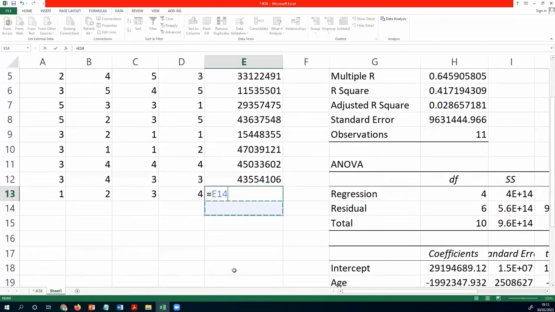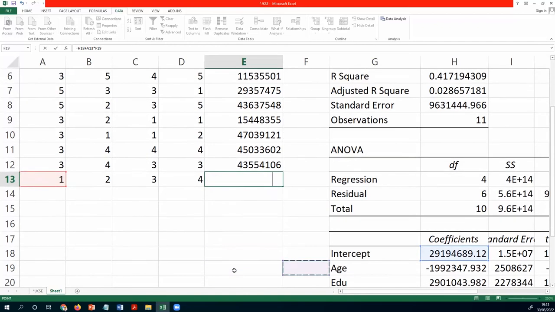Equal to the constant plus A times age, plus B times edu.